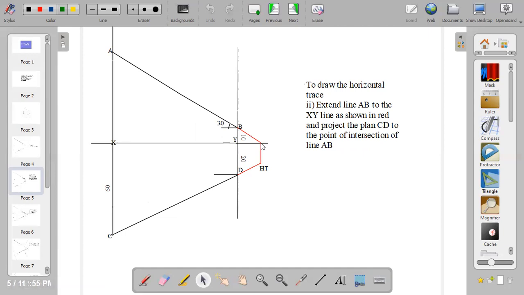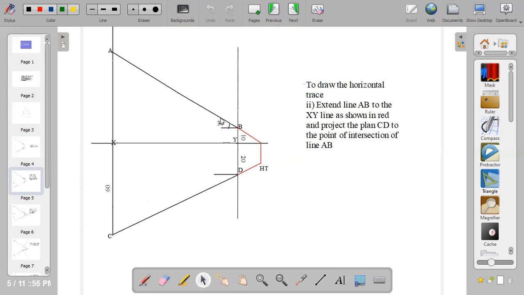Once it rests on the XY line, project it down, drop a perpendicular from the XY line, and extend CD. The line on the plan, or the HP, is CD. Now you extend CD to meet with the perpendicular that you dropped.